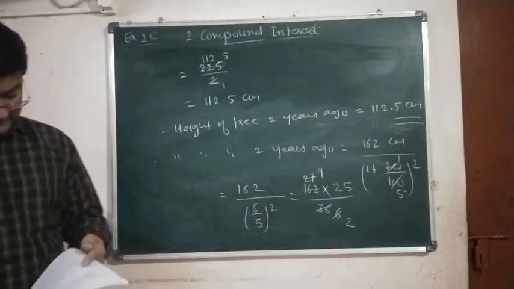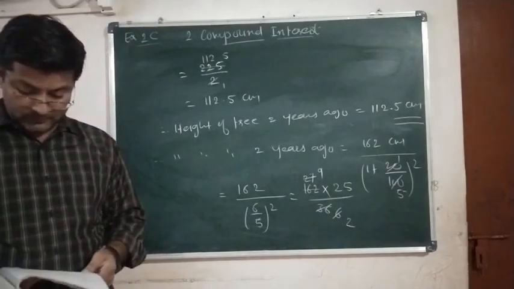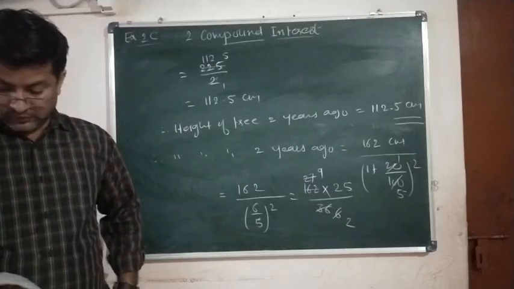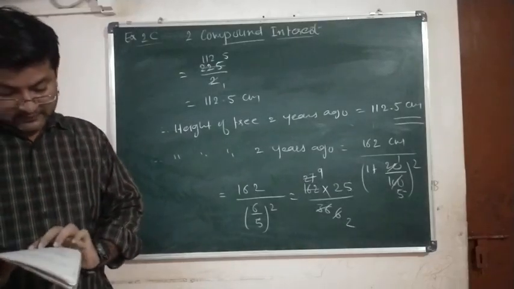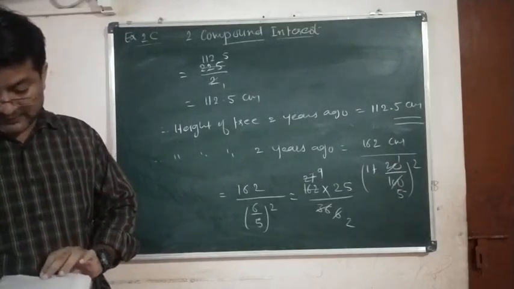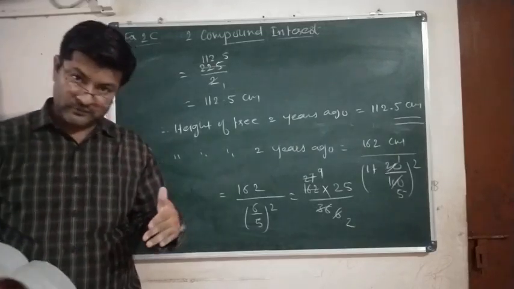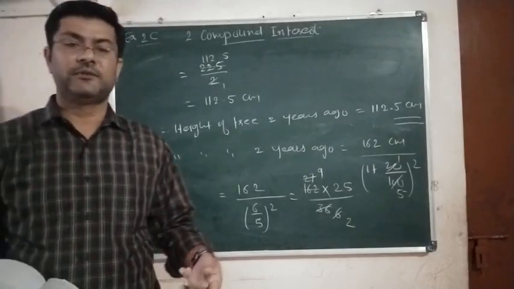Yes, now let us start question number 8. Okay, 2 years ago the population of a village was 4,000. During the next year it increased by 6%, but due to an epidemic it decreased by 5% in the following year. So there are both increase and decrease for the 2 consecutive years.